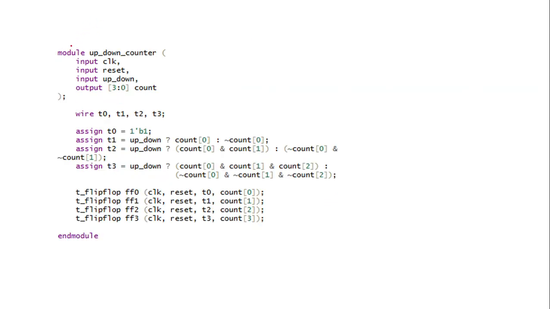So what is our main code? Module up_down_counter, with inputs clock, reset and up_down. What is the use of up_down? If up_down is equal to 1, it acts like an up counter.